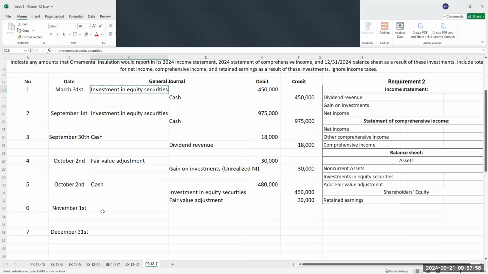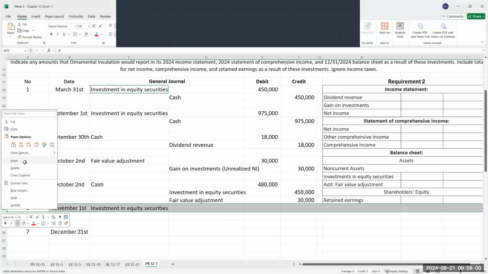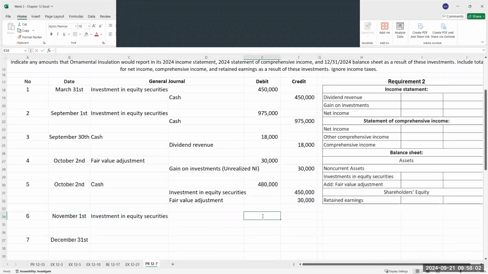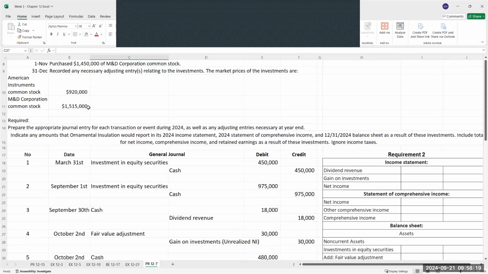We debit our investment in securities for the $1,450,000. And then we paid cash, so we credit cash for the $1,450,000 paid.